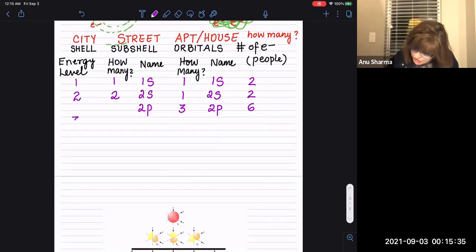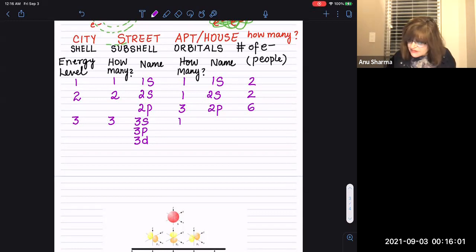Next is the energy level 3. The energy level is also called a shell. The third shell is made up of 3 subshells. What are their names? 3s, 3p, and 3d. How many orbitals are there in 3s? 1.